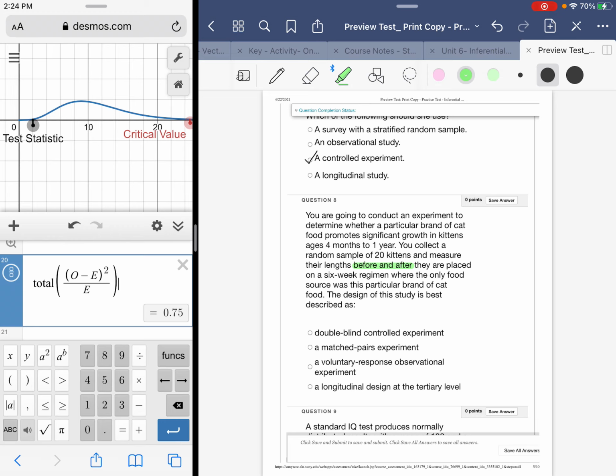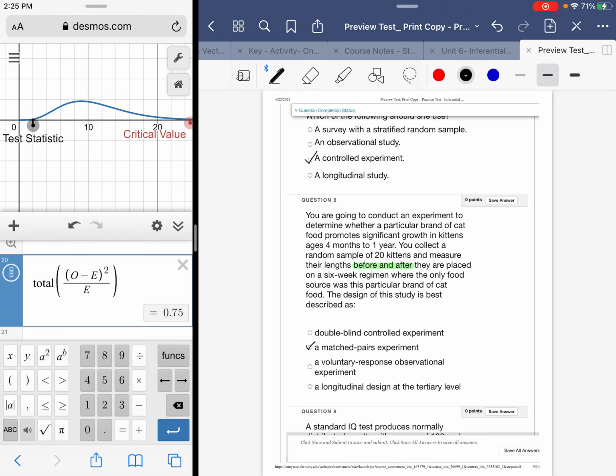All right, oh look, matched pairs experiment. Boom, shakalaka. All right, so all these other things may be in play, it's possible, but, by the way, a voluntary response observational experiment, there's no such thing. A longitudinal design at the tertiary level, I just made that up.